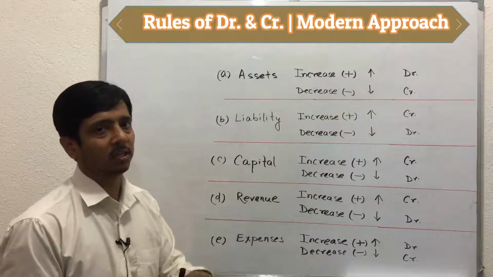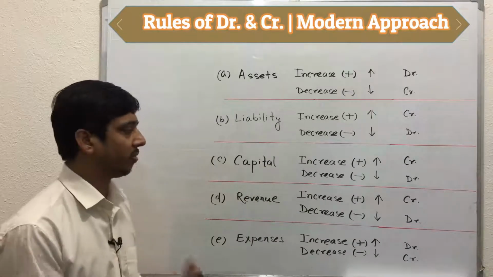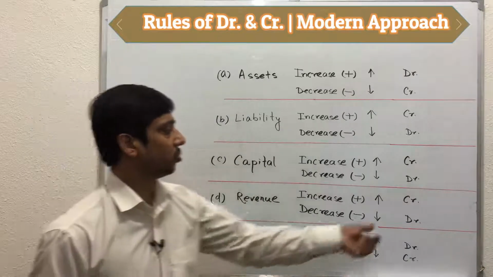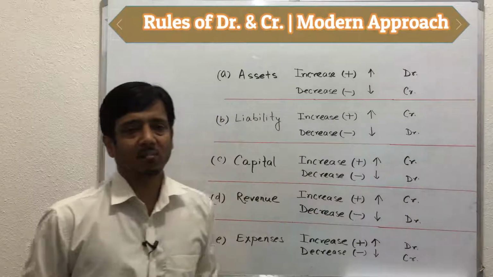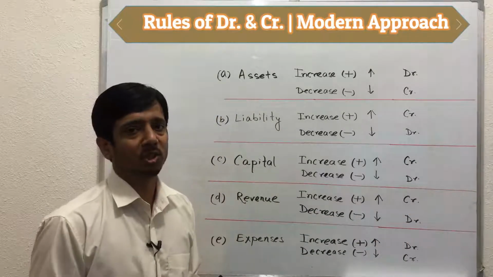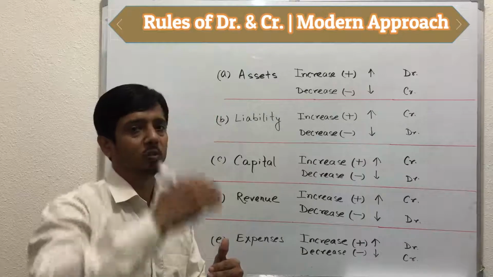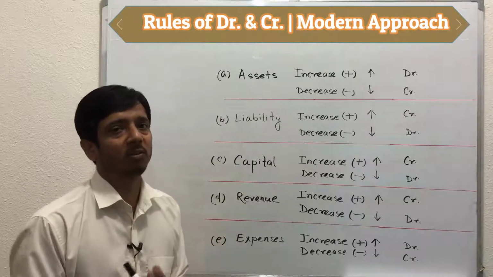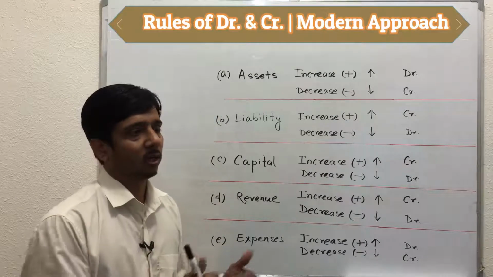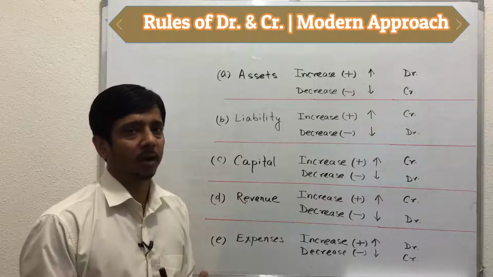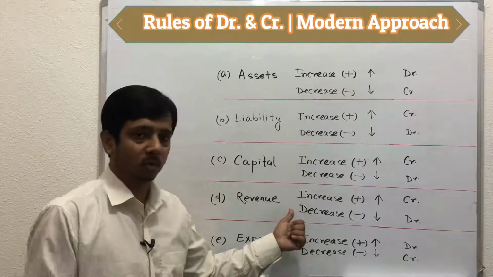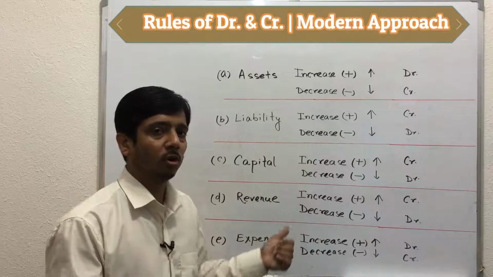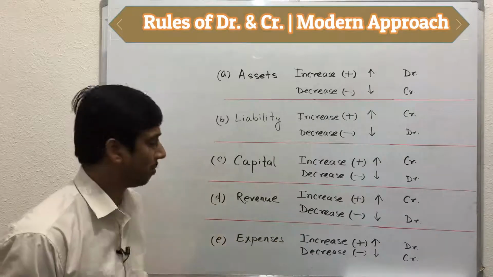So generally the revenue increases, so we find it to the credit side. For example, commission received. So commission is a revenue and your revenue is increasing, therefore commission will be credited. Interest received. So interest is the revenue because of the receiving, and therefore interest will be credited.